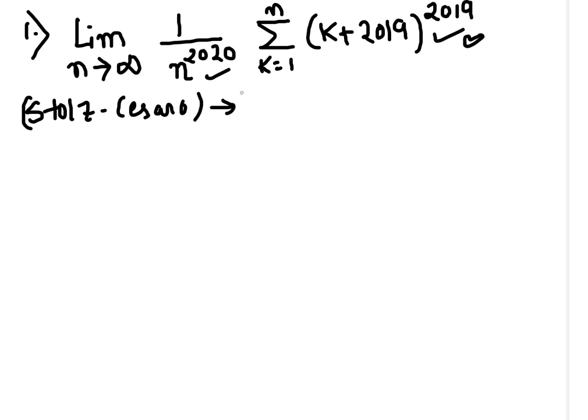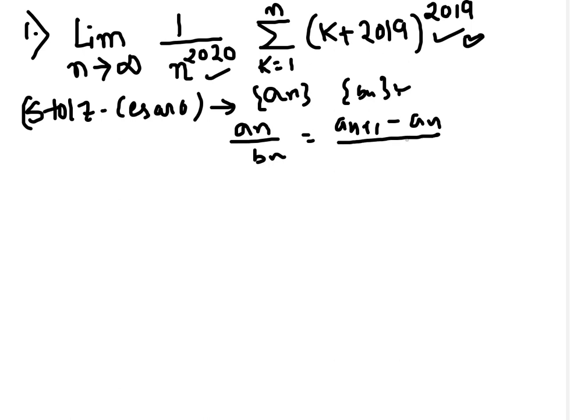So Stolz-Cesaro basically says that if you have two sequences a_n and b_n, under some conditions, which are that b_n is monotone and divergent, which is the case infinity by infinity, then the limits of a_n by b_n and (a_(n+1) minus a_n) divided by (b_(n+1) minus b_n) are equal.